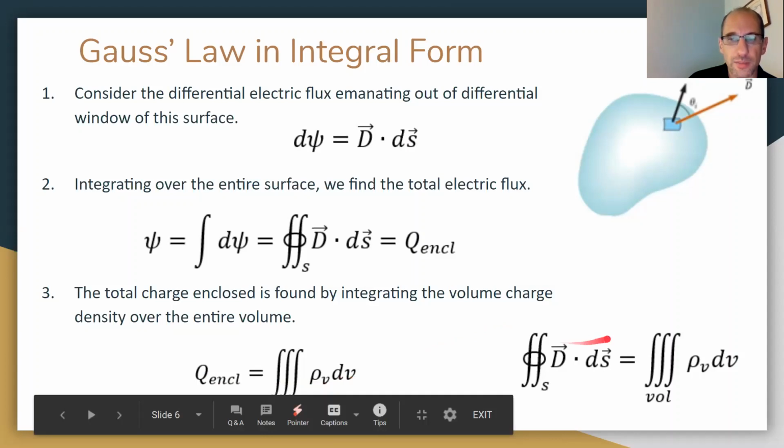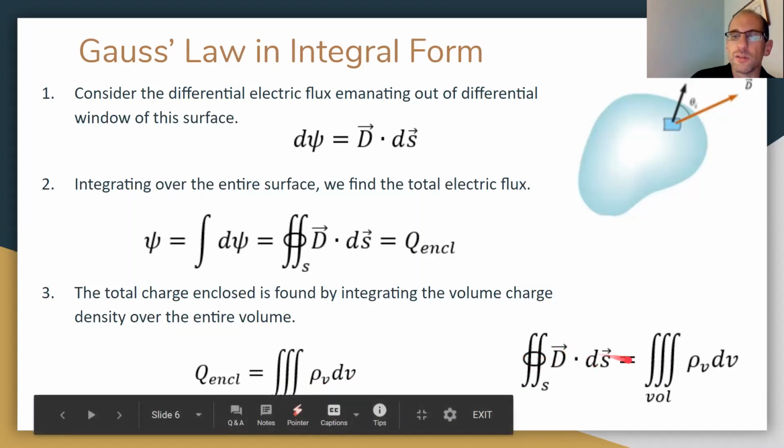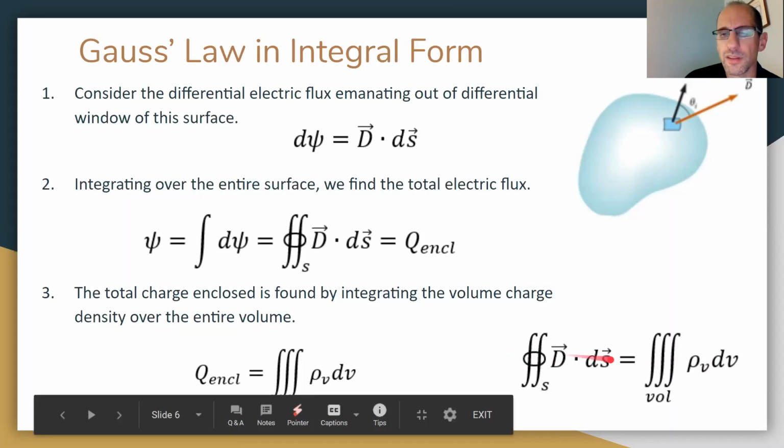So when you bring these concepts together, you have the electric flux density integrated over the entire closed surface equal to the volume integral of the charge density throughout the entire volume. This should make some intuitive sense, but this is expressed mathematically. This is something that Faraday was never able to do.